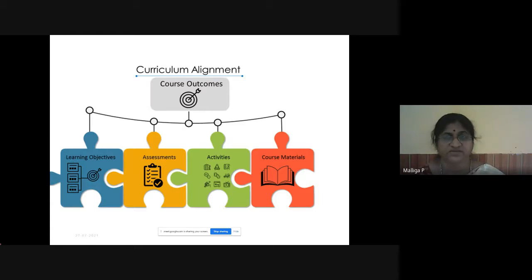We call it choosing the 3 M's. 3 M stands for method, media, and material. And then you have to design the assessment, the activities and the learning materials, whatever it is, right? All this has to be aligned so that the outcomes are met, okay?